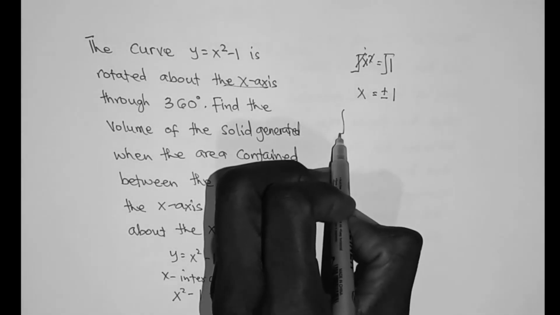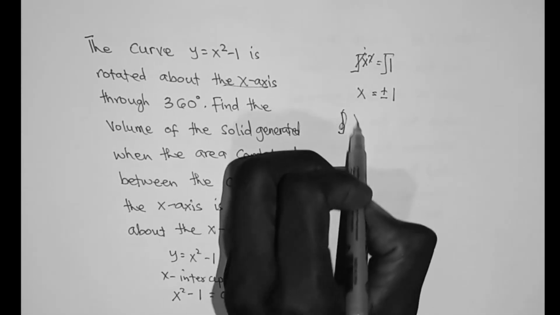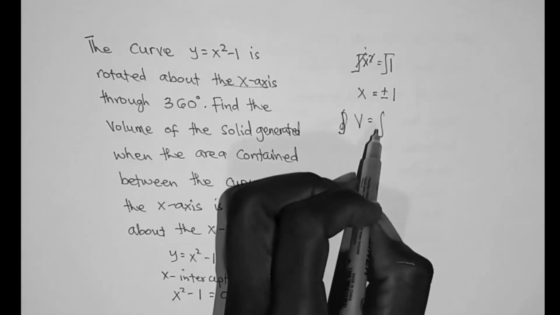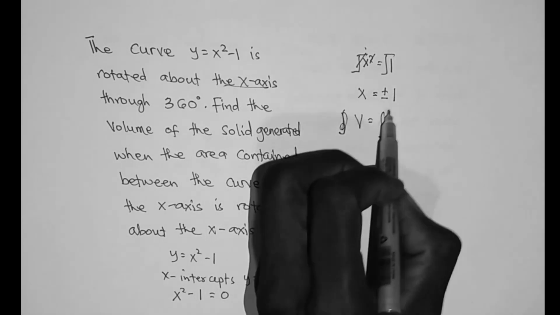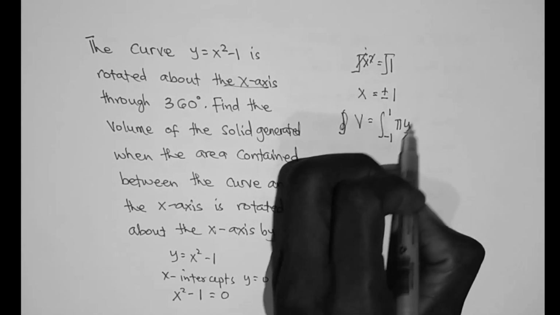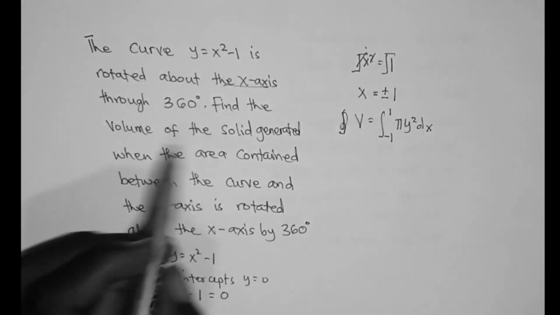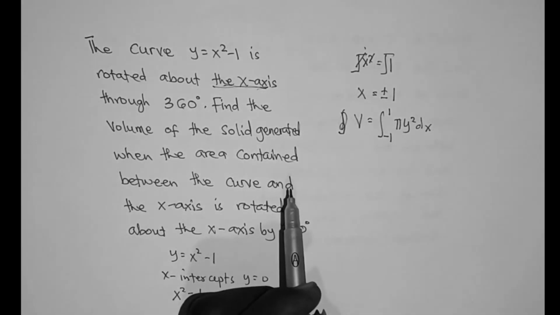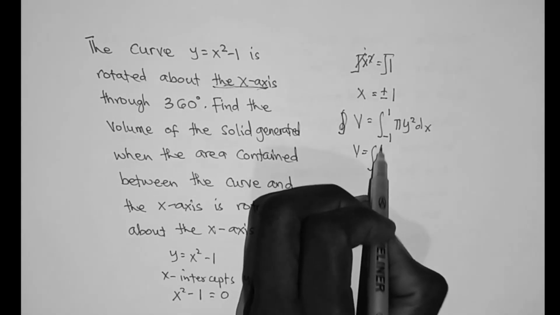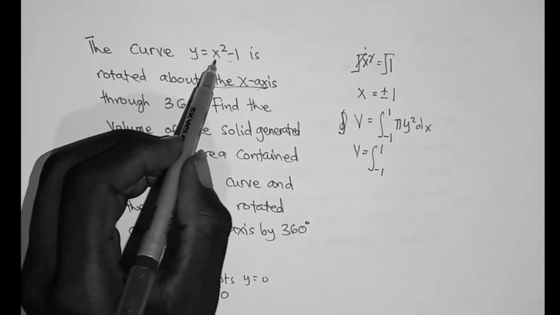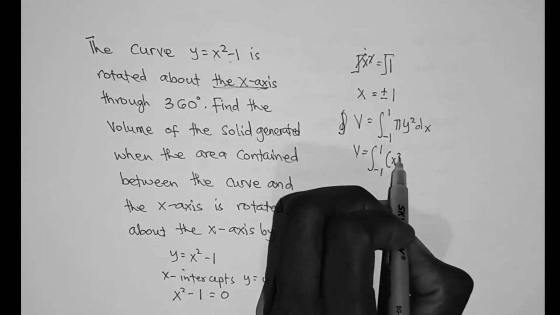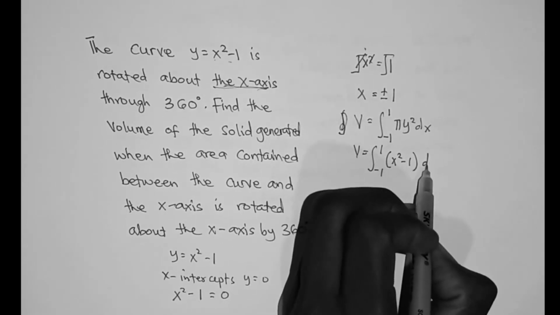So the formula for the volume V is equal to the integral from the lower limit minus 1 to the upper limit 1 of pi y squared dx, because it is rotated about the x-axis. So V is equal to the integral of minus 1 to 1. Then the curve is x squared minus 1, so this becomes into bracket x squared minus 1 dx.